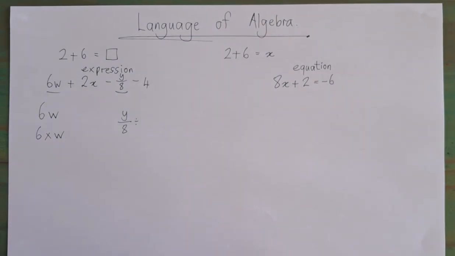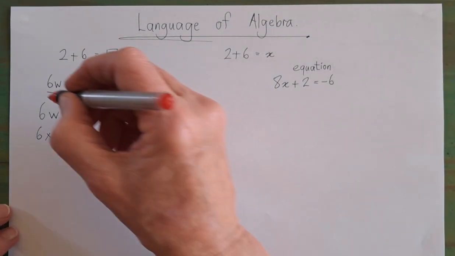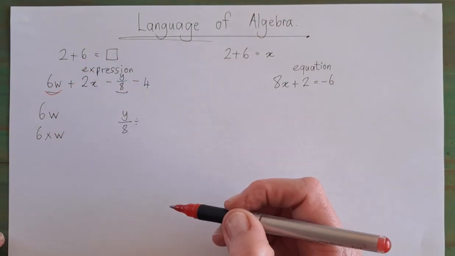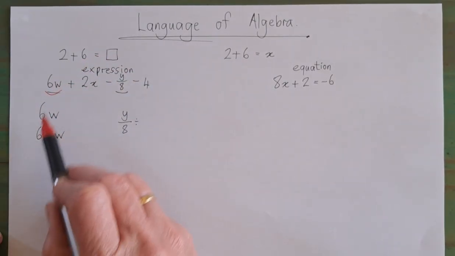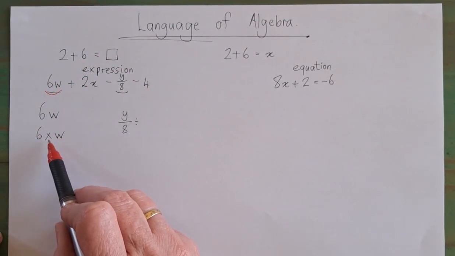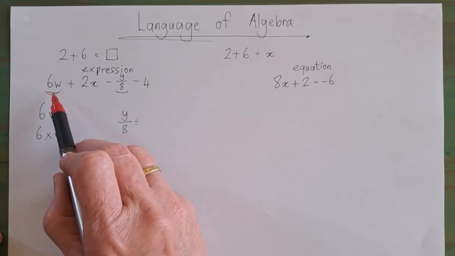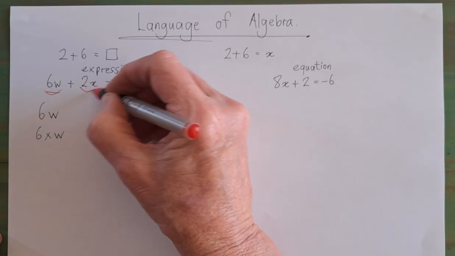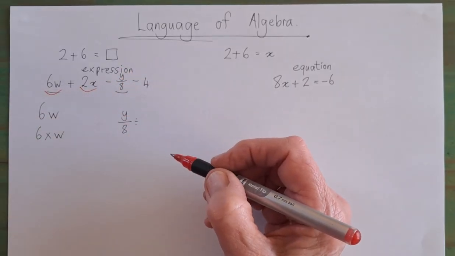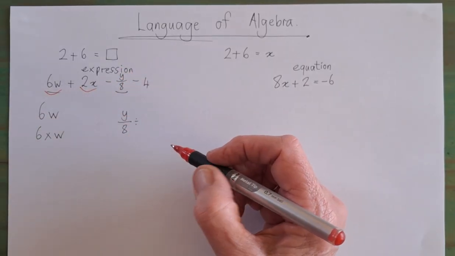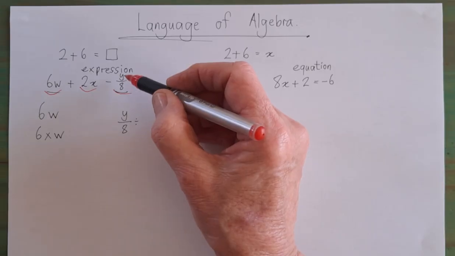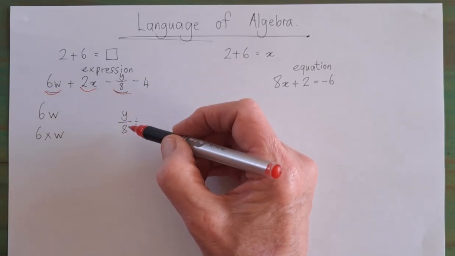So now if we get on to what it means to have terms in an expression, this here is one term because what's occurring inside of that is the operation of multiplication. So 6 times w makes up one term. Here we've got 2x, which means 2 times x, so it's one term. Here we have something divided by something.